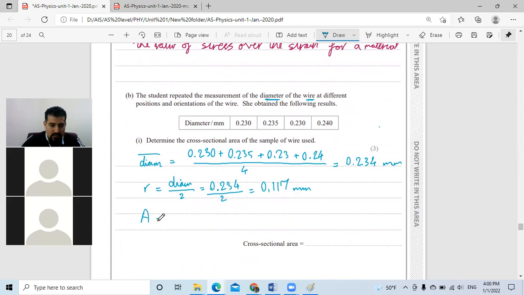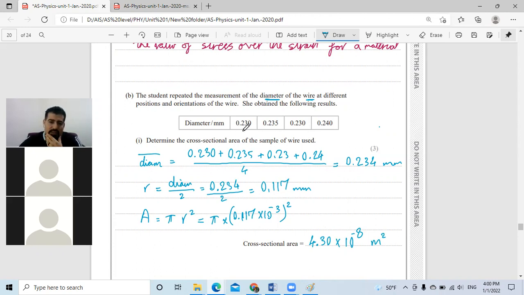The area equals pi r squared, which is pi multiplied by 0.117 times 10 to the power of negative 3, to convert from millimeter to meter, all squared. By doing that, I will get 4.30 times 10 to the power of negative 8 square meters.